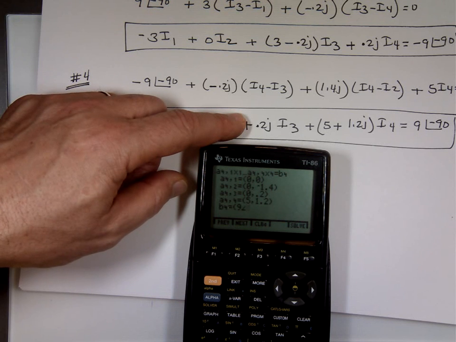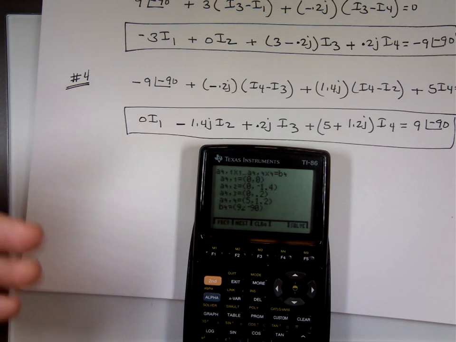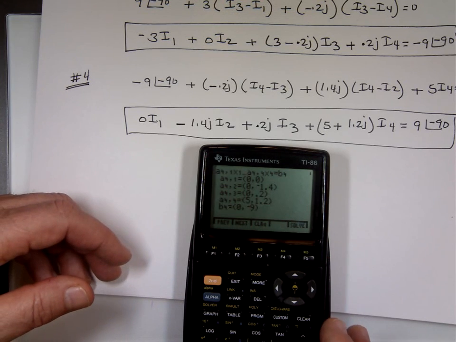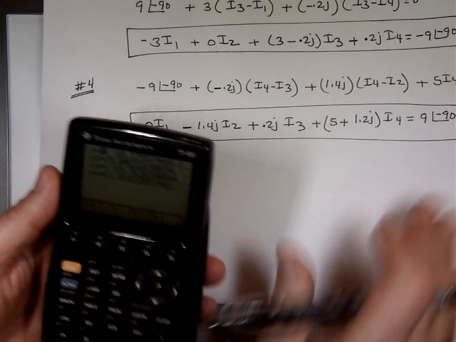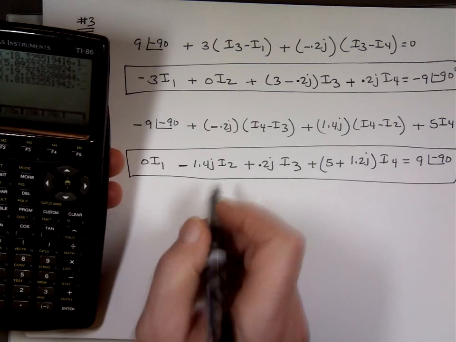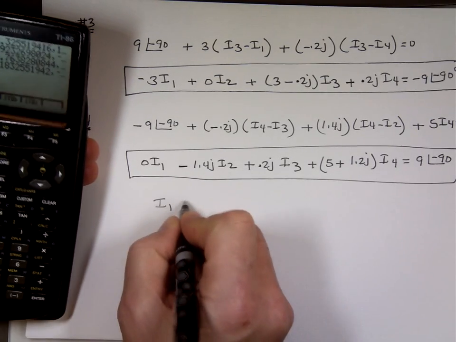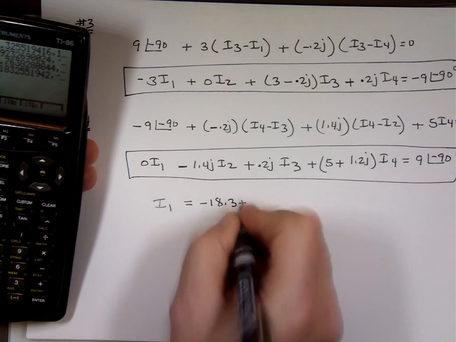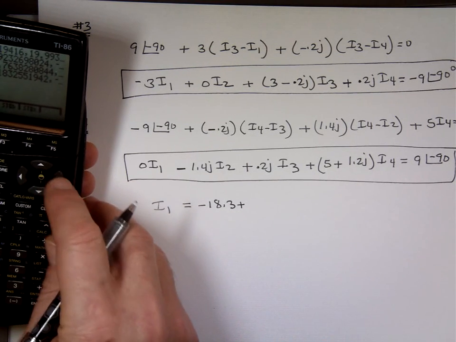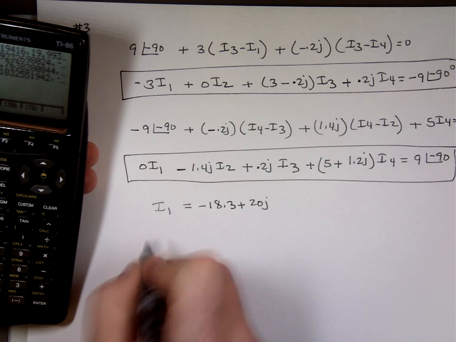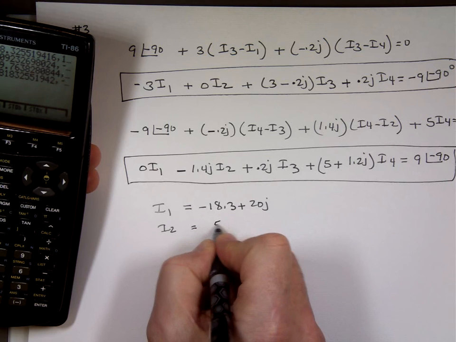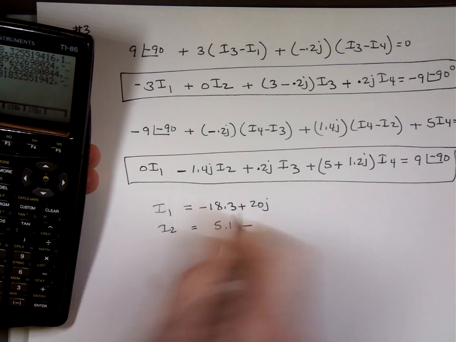Now I put the calculator in rectangular earlier, so that's your answer in rectangular. You can change it to polar if you want to, and solve now. And there's all the answers in rectangular mode. So I sub 1 is equal to negative 18.3 plus 20j. I sub 2 equals 5.1 minus 3.4j.